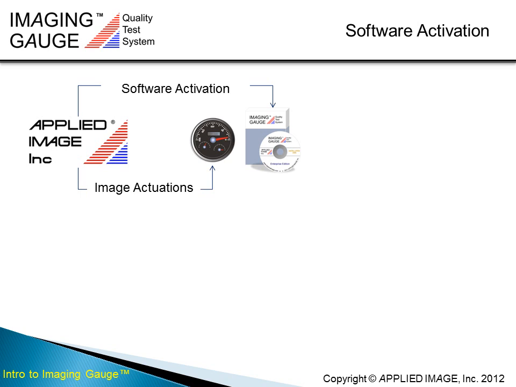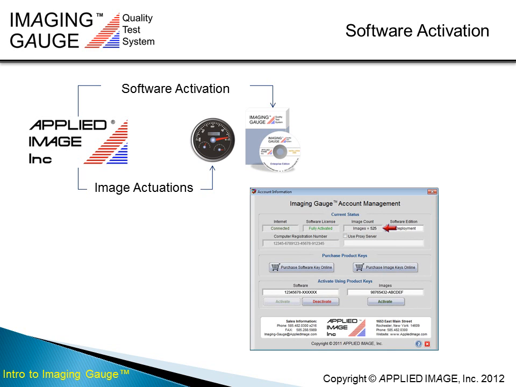ImageEngage requires that the software be activated for one workstation and that image actuations be added in order to continue running the software. The software includes an account management interface to allow easy access to your account, which shows the current number of images and the software license status.